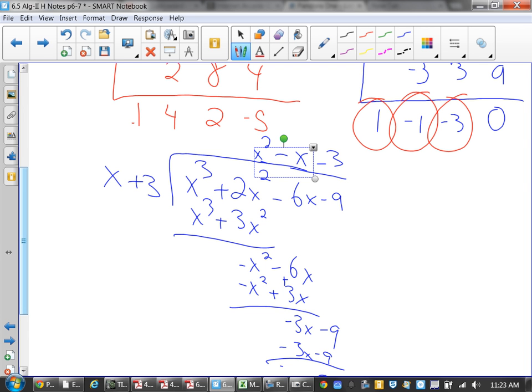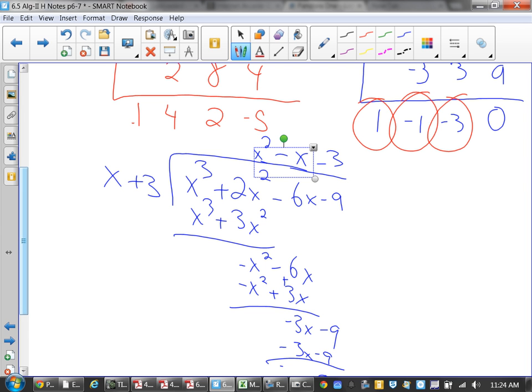Now, the main thing that happens here is that notice there is no remainder. Your remainder here is 0. What that tells me is that my term, x plus 3, is a factor of x cubed plus 2x squared minus 6x minus 9. So if you think about what we've done in the past, we had 4 terms.